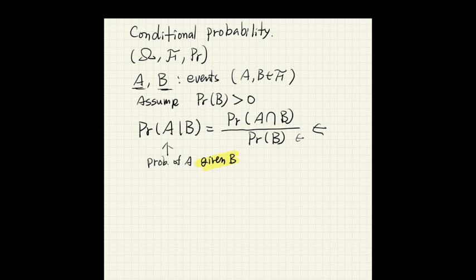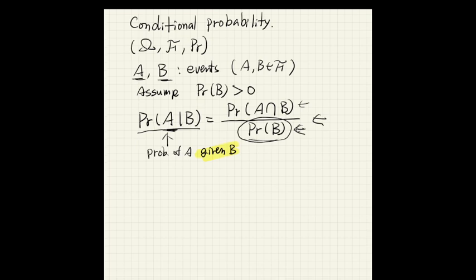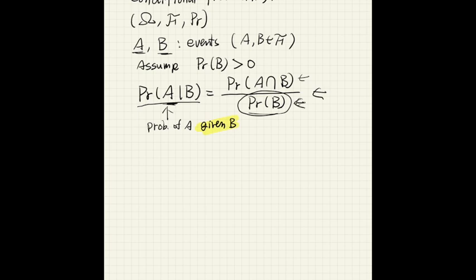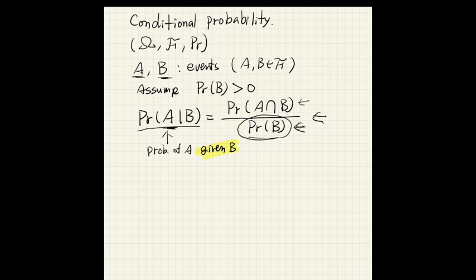So that's the probability. Now we divide this probability with this probability. So what does it mean? This is also a measure of some size of probability, but with respect to the size of event B. So this is a kind of measuring the event size of event A with respect to the size of event B.